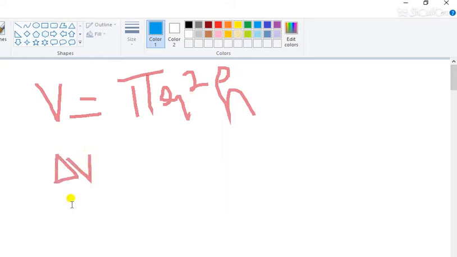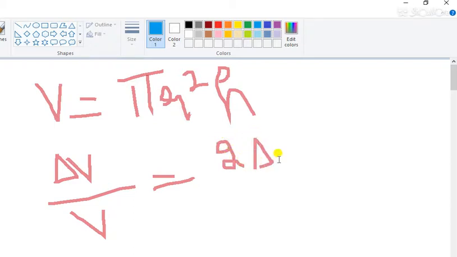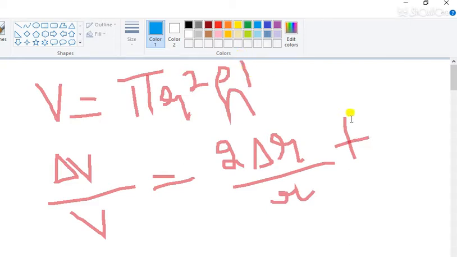The result of this expression will be delta v by v is equal to, pi is constant, r has square power, so it will become 2 delta r by r plus h raised to the power 1 is there, so that will become delta h by h. So this will be the expression for volume. You can take the screenshot.